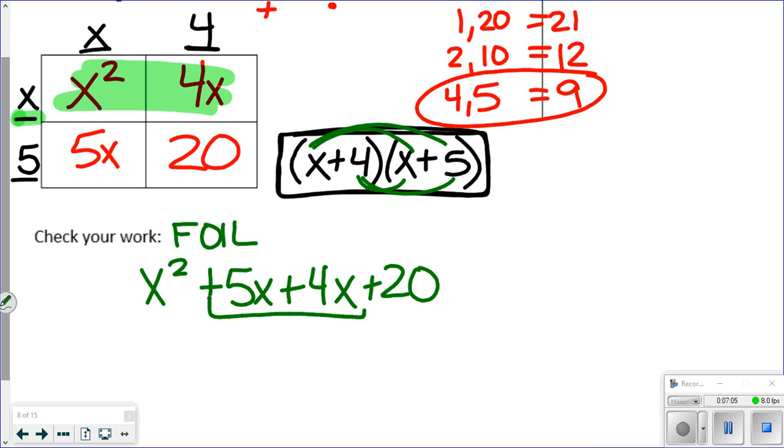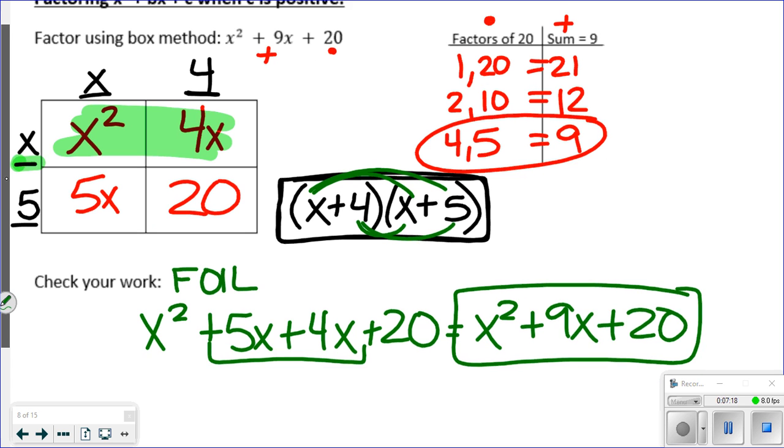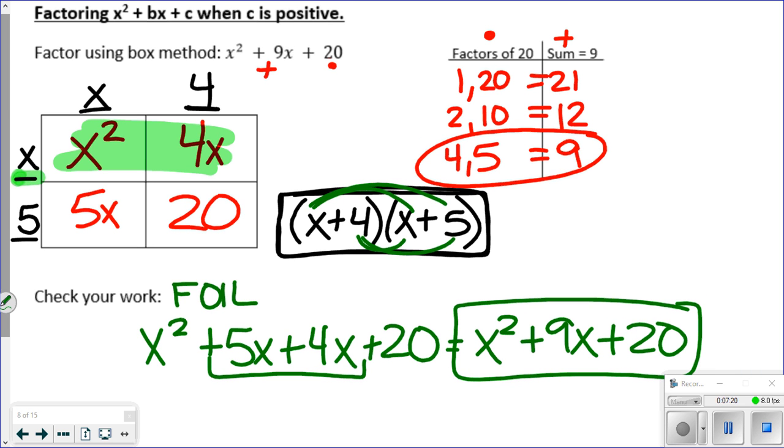Then we have like terms here that we need to combine. So when we do that, we get x squared plus 9x plus 20. And is that the original question that we started with? I scroll back up. We did start with x squared plus 9x plus 20, so we know that we solved this or factored this correctly.